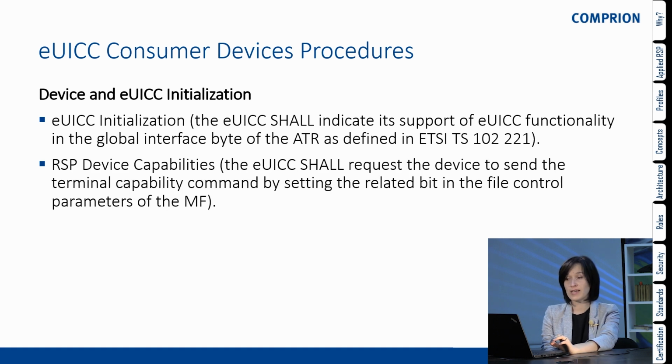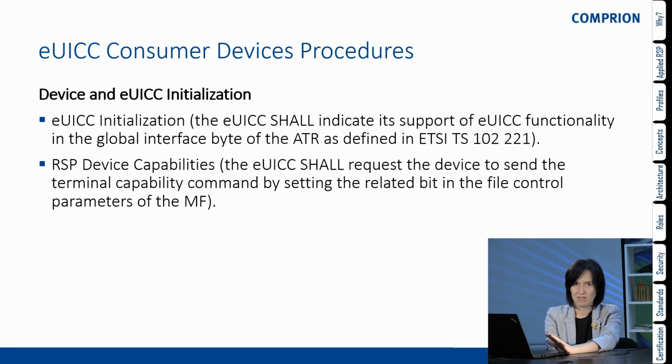The RSP device capabilities. This can be made visible, not to the end user, but to the EUICC. The EUICC shall request the device to send the terminal capability command by setting the related bit in the file control parameters of the master file.